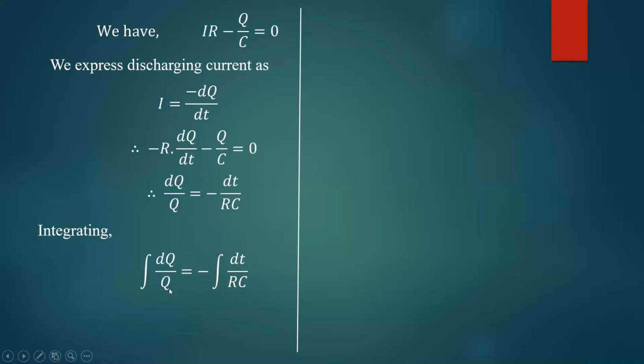What is the integration of 1 by q? It is ln of q is equal to minus t by RC plus some integration constant. It is an indefinite integration, so you have to add the constant. So simply you will get ln of q is equal to minus t by RC.